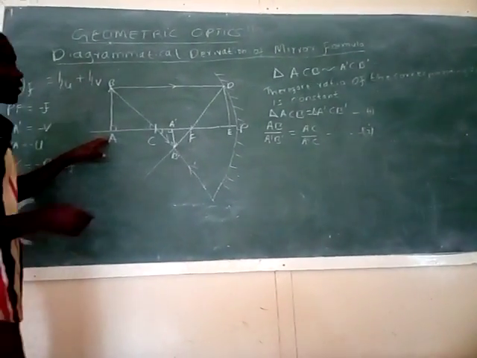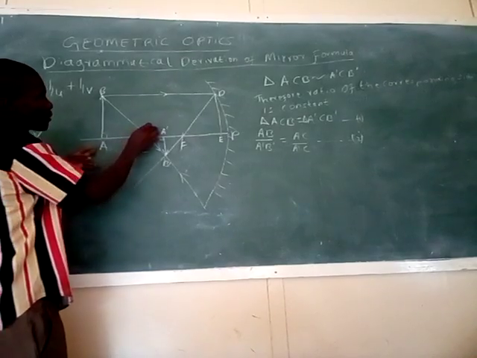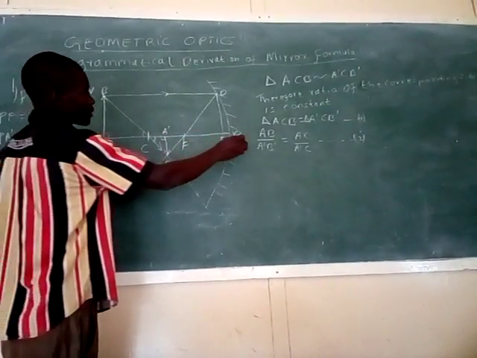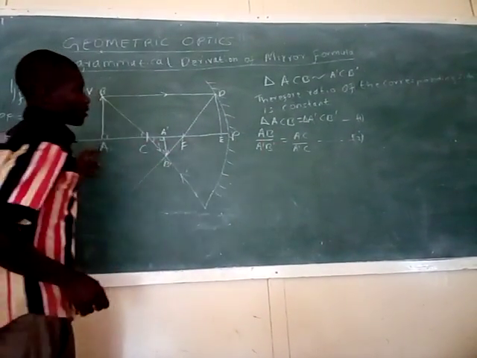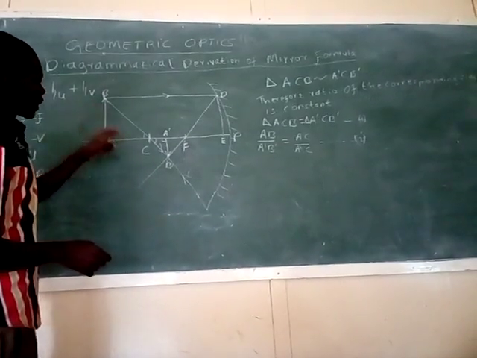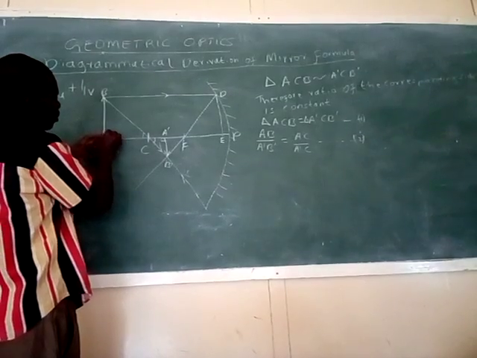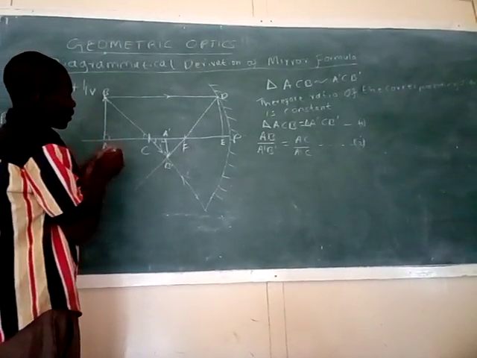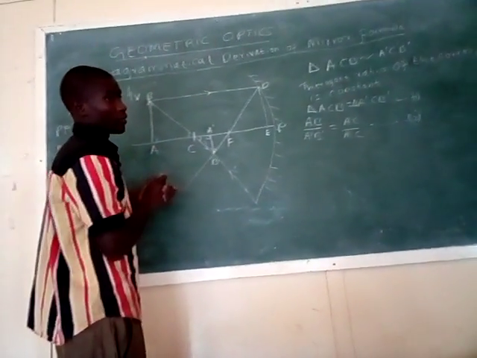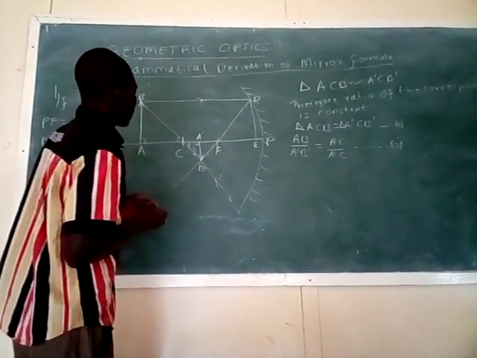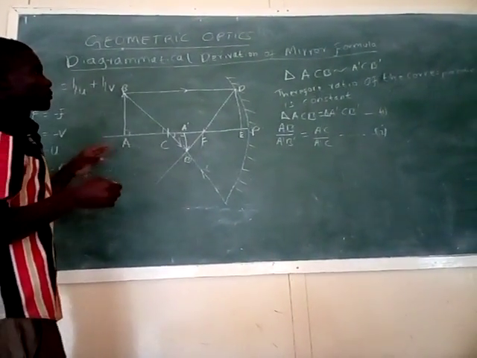Now we know how to identify that AB over A prime B prime is the same as AC over A prime C. Why? Because these two triangles are similar in that the corresponding angles of the two triangles are equal, and therefore they are the same triangle.